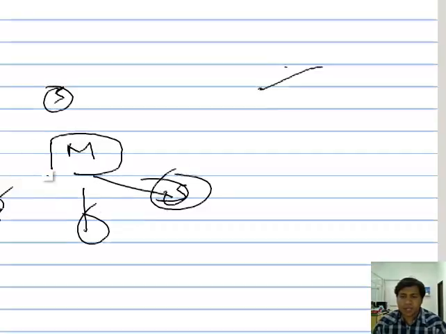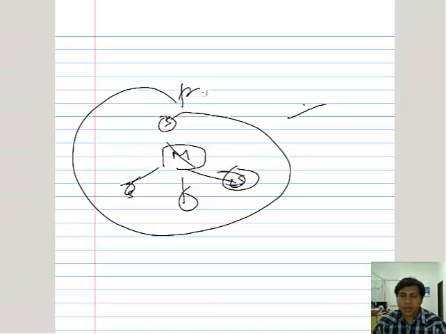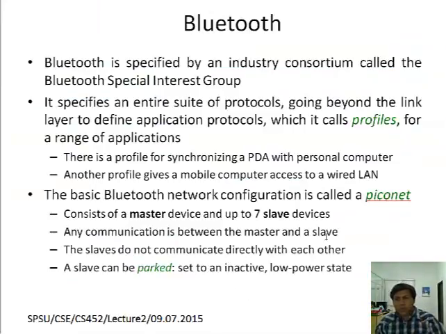When you have such a master slave connection, this is called a piconet. We will talk about this later. A Bluetooth piconet can have up to 7 active slave devices connected, and the remaining devices are parked. So a Bluetooth network can have up to 255 devices, but a slave has two modes: one is called park mode, one is called active mode. Only the master and active slaves can communicate with each other.